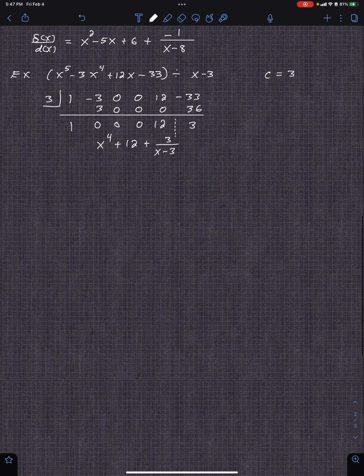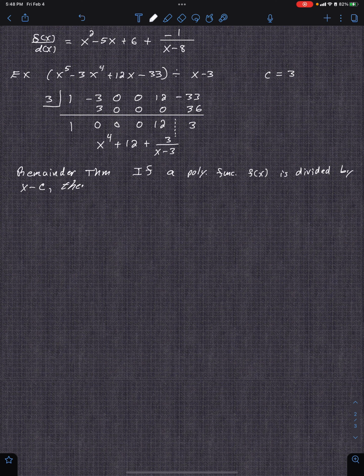So the remainder theorem, the concept we will be using, is that if a polynomial function f of x is divided by x minus c, then the remainder is just f of c.